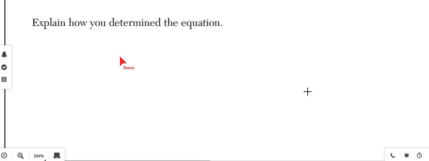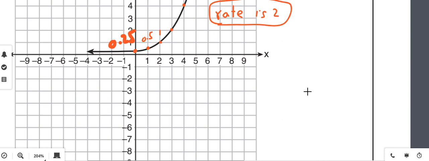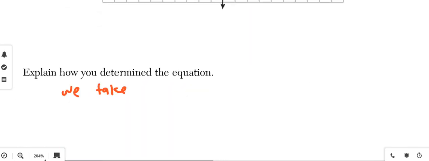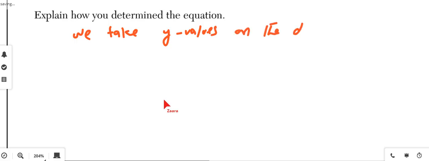So what we did, we take how many values on the y-axis? 1, 2, 3, 4, 5 values on the y-axis, right? We determine the rate. We take 5 values, the y values, on the domain starting from 0 to 1, 2, 3, 4.